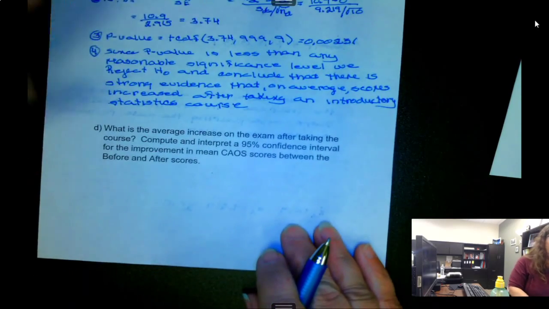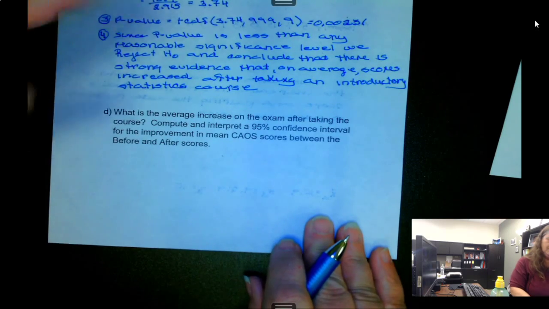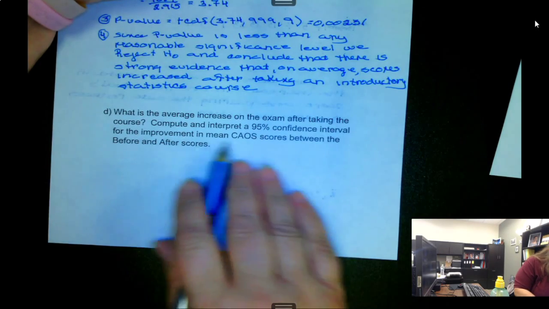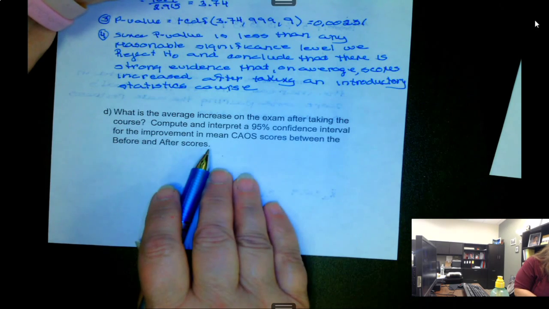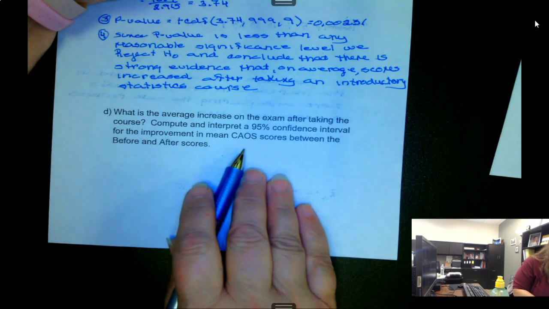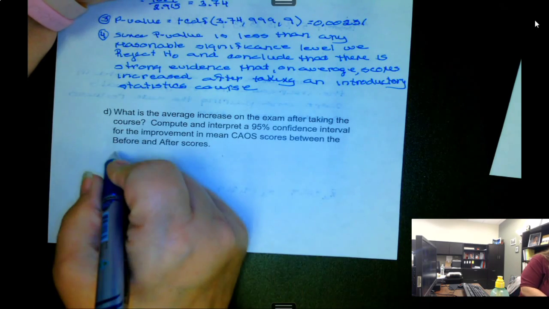Okay, so now we want what is the average increase on the exam after taking the course. We want to compute and interpret a 95% confidence interval for the improvement in mean CAOS scores between before and after.